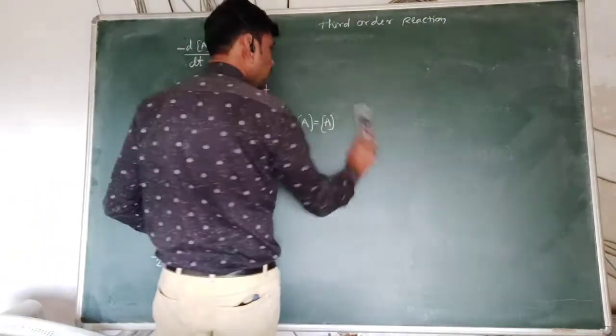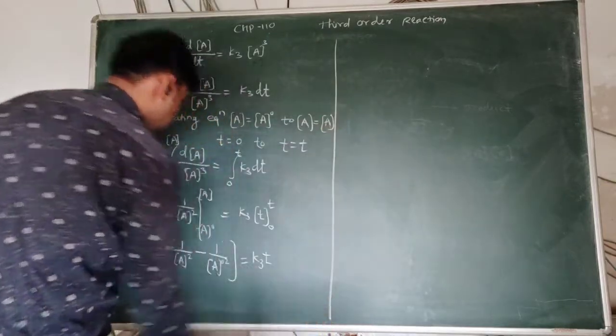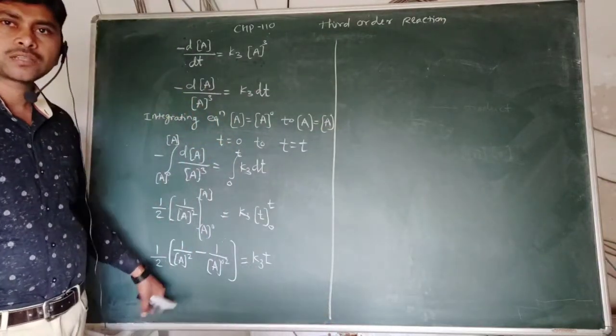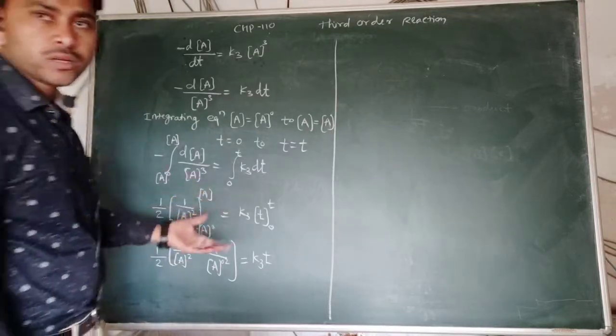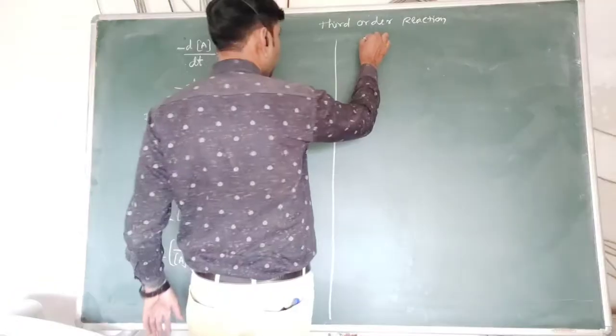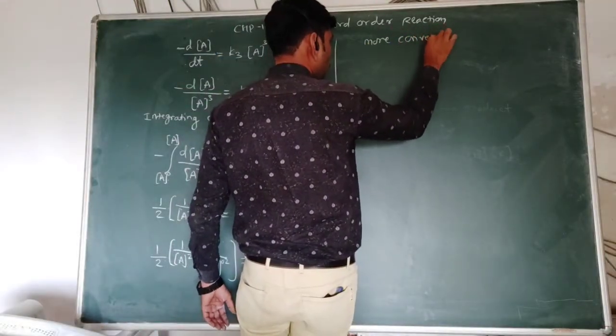This equation we obtain is the actual rate equation, but it is not in a convenient form. So this equation can be written in a more convenient form.